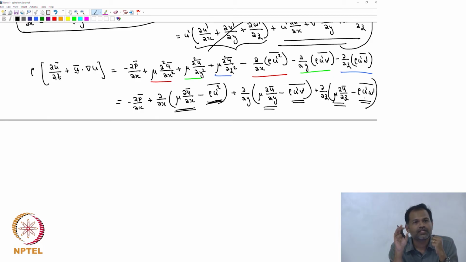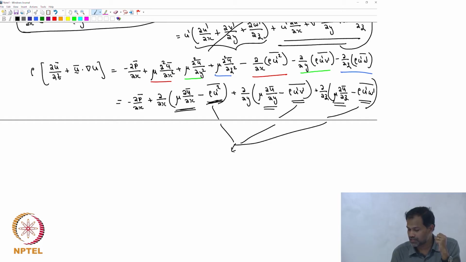It's the stress that comes because the flow field itself is fluctuating. So every place where you had a stress, there are two stresses: one coming from viscosity, another coming from the fact that the fluid field is fluctuating.